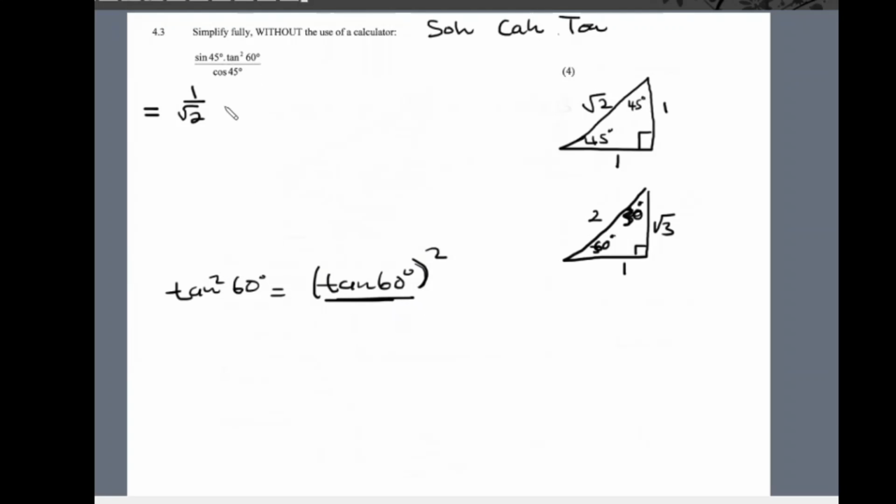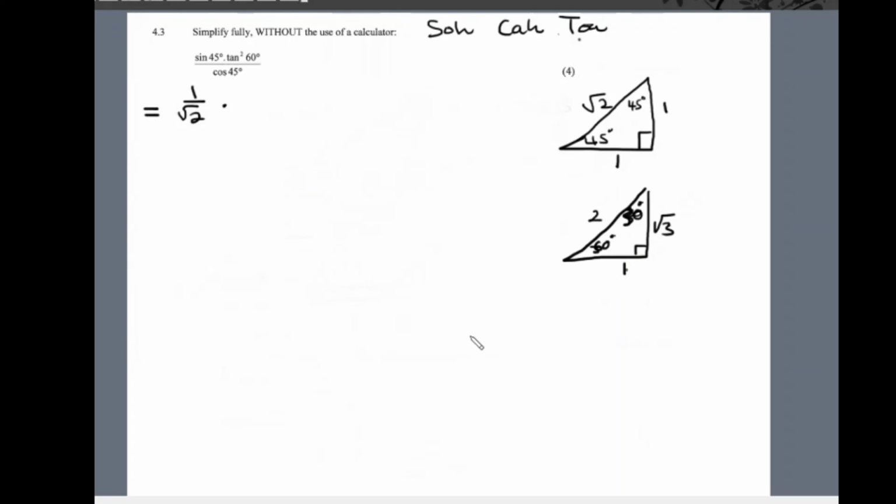So for tan 60, if you look at this second triangle, we have 60 degrees here, and we know what tan is from SOHCAHTOA. We know tan is opposite over adjacent.